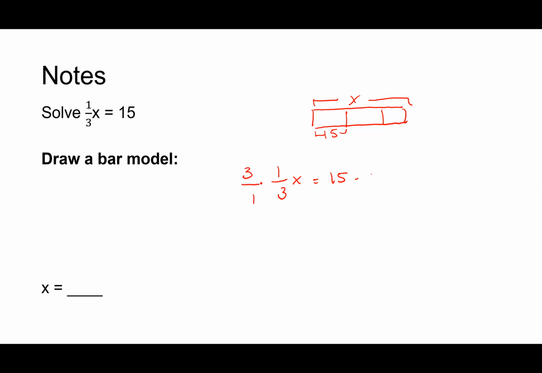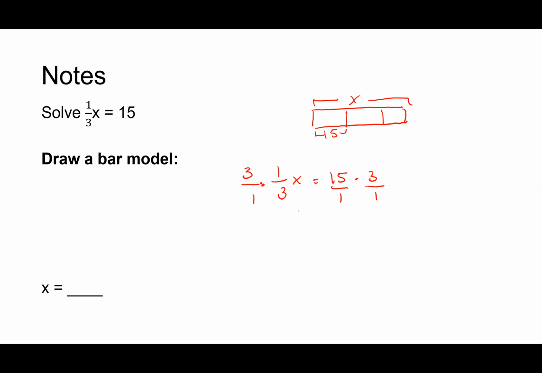What is it called when I flip a fraction on its head or flip it upside down? What's that other number called? Piper? The reciprocal. So right now what I'm doing is I'm multiplying by the reciprocal. 3/1 is the reciprocal of 1/3, right? It's the opposite.